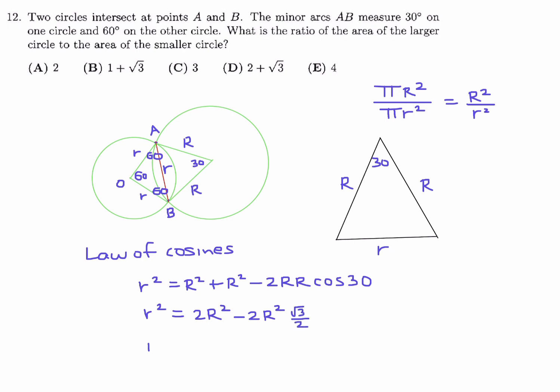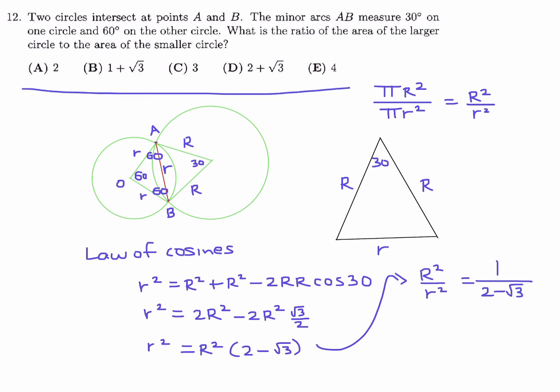So now we have r squared, factor out the big R squared, and we get 2 minus root 3. Okay, let's just put it in that form. Might as well. So big R squared over small r squared will be equivalent to 1 over 2 minus root 3. And that's the answer.